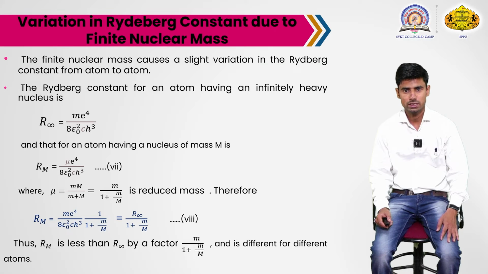Now let's study the Rydberg constant in more detail. Here we will study the variation in the Rydberg constant due to a finite nuclear mass. Generally the nucleus does not have an infinite mass.